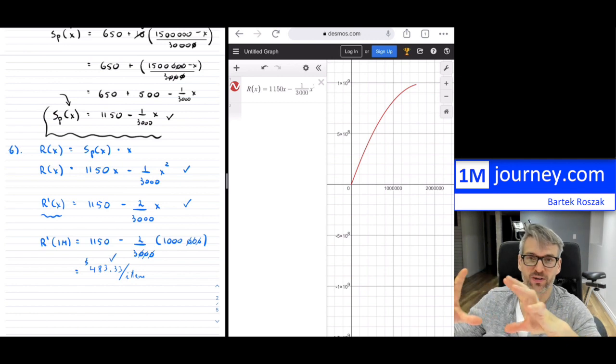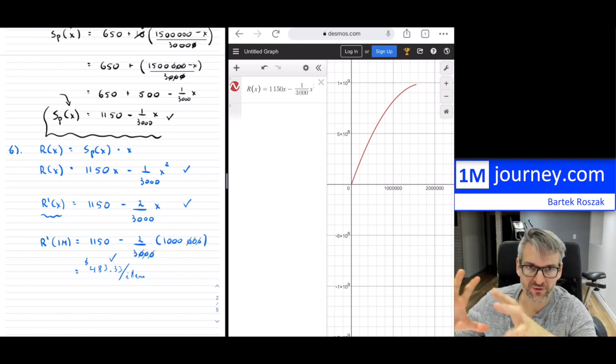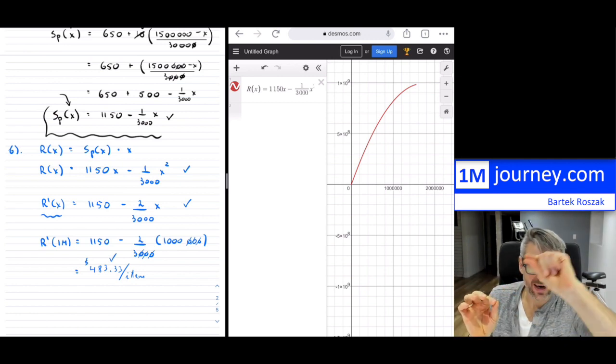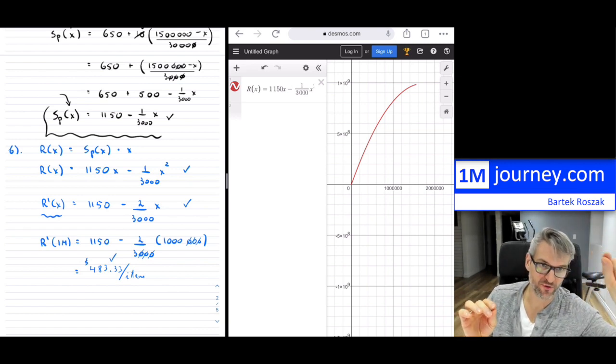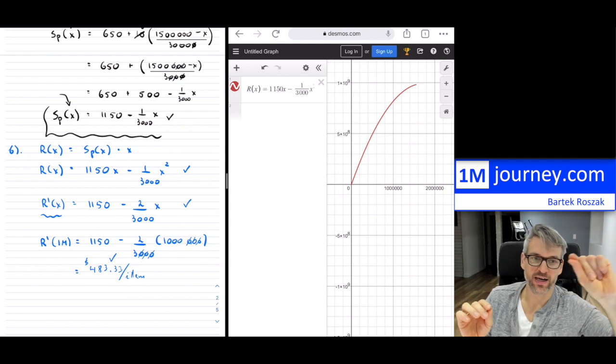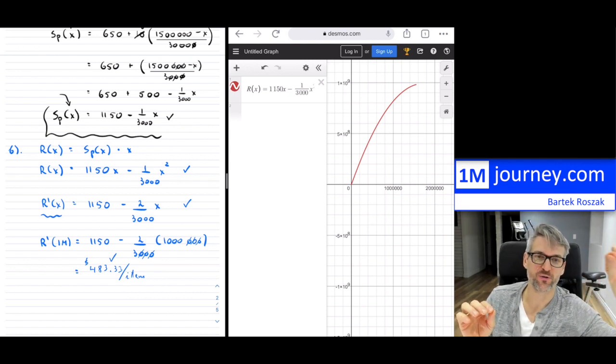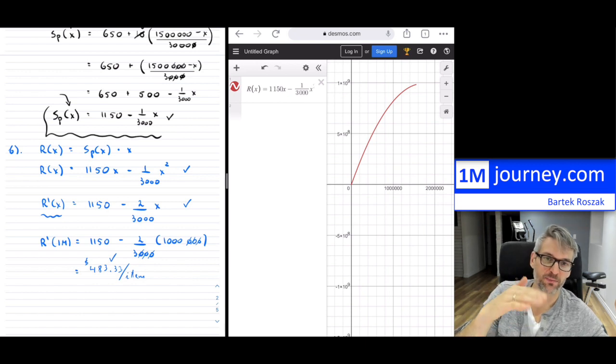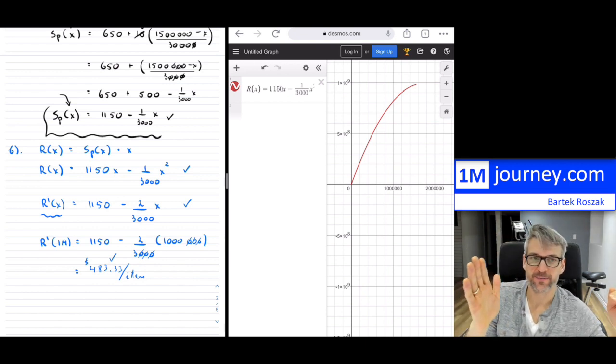Your revenues are going up to that point, but because it's quadratic, it would have been fading away as the units go on. So you still have revenue, but it's not as big, so you can actually make more money selling less than more.